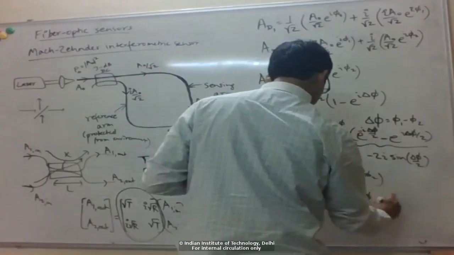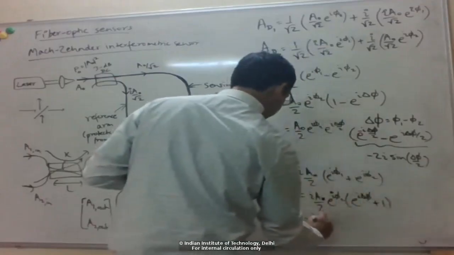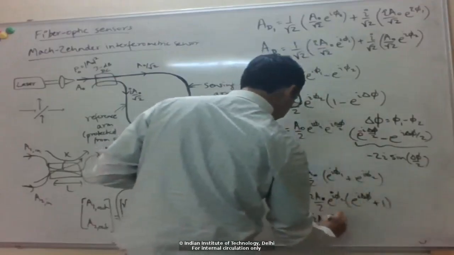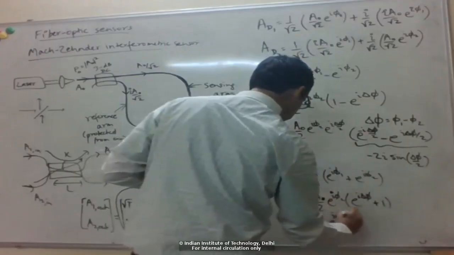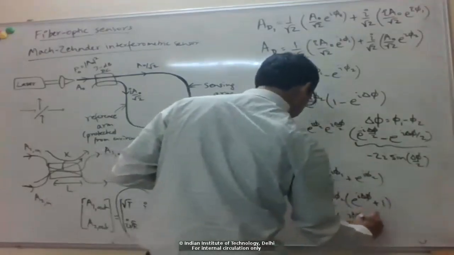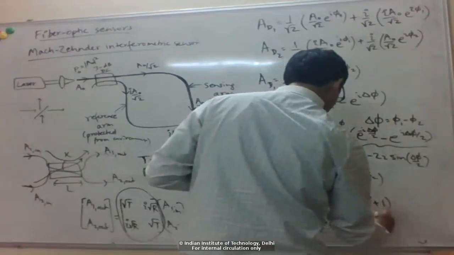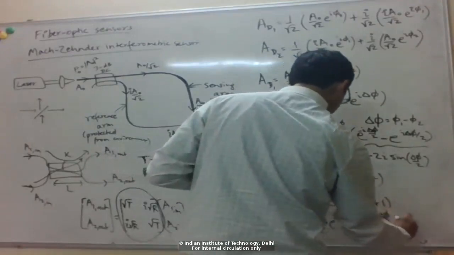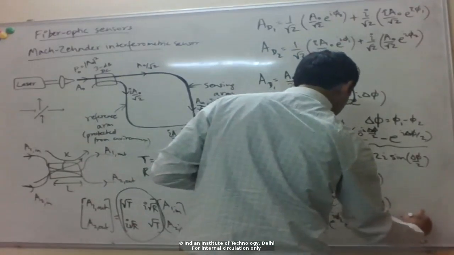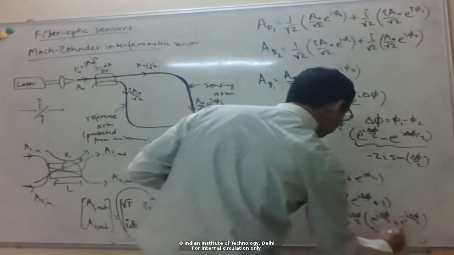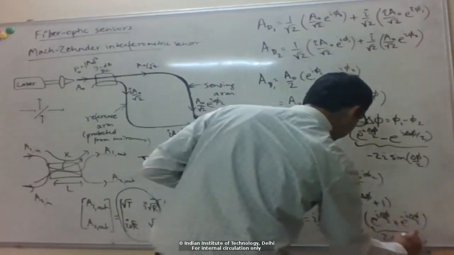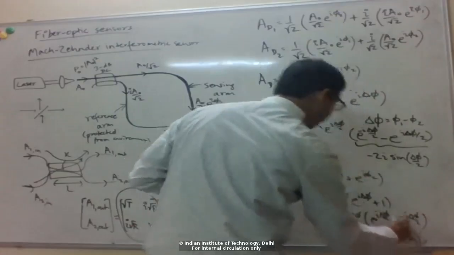So I get e to the i delta phi plus 1, and again I take e to the i delta phi by 2 out common. So here I get e to the i delta phi by 2 plus e to the minus i delta phi by 2. So here you can see this is cosine delta phi by 2.